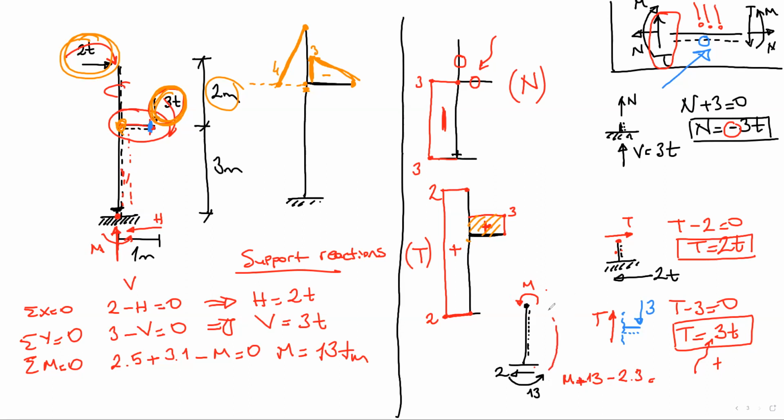So here pointing in the same direction, positive. This is negative T. It's gonna be minus 7. Okay, that point is here. Minus 7.